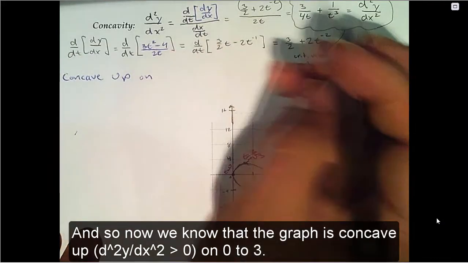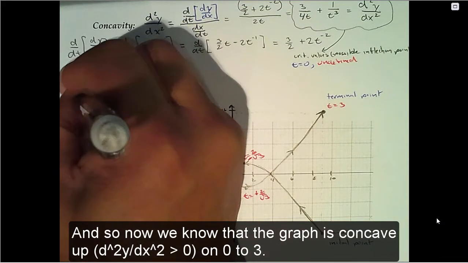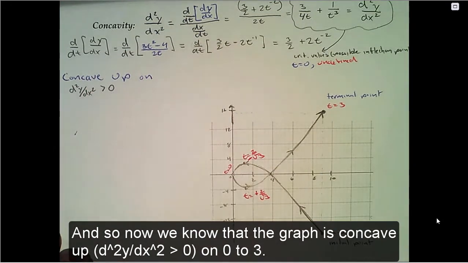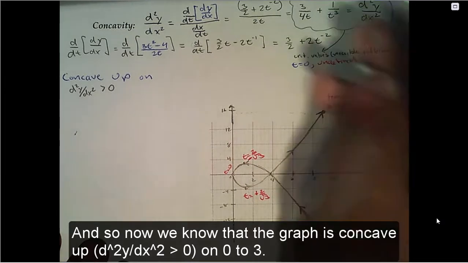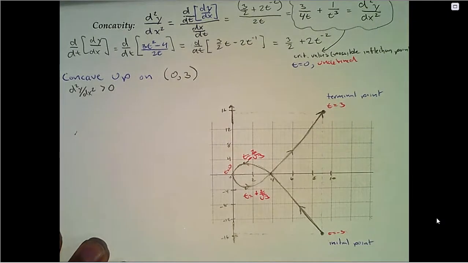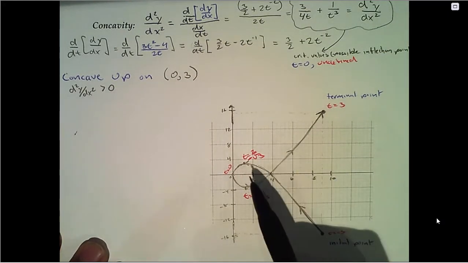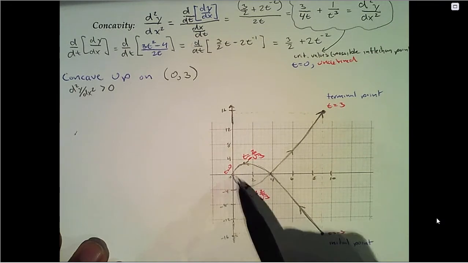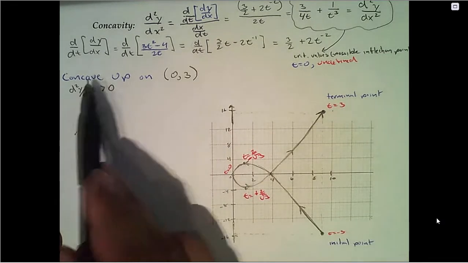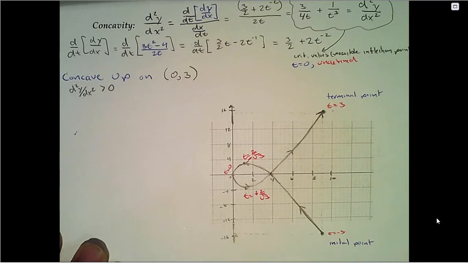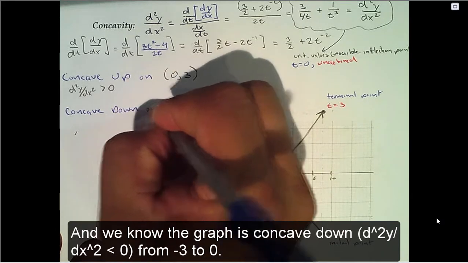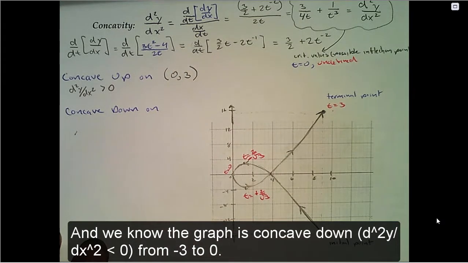And so now we know that the graph is concave up, second derivative being greater than 0 on 0 to 3. And we know the graph is concave down, second derivative less than 0, from negative 3 to 0.